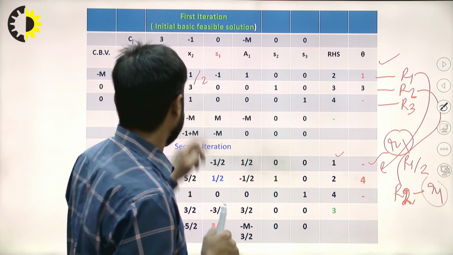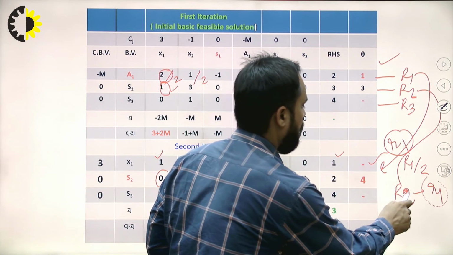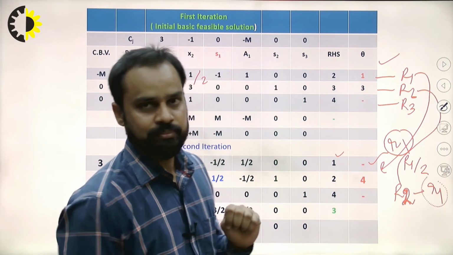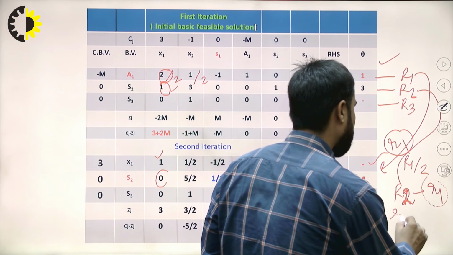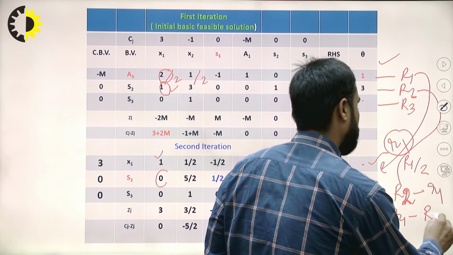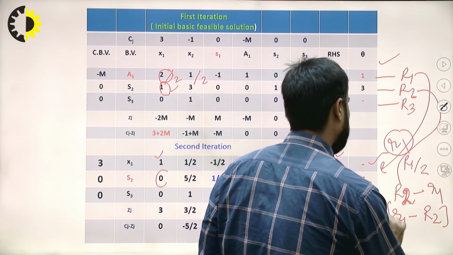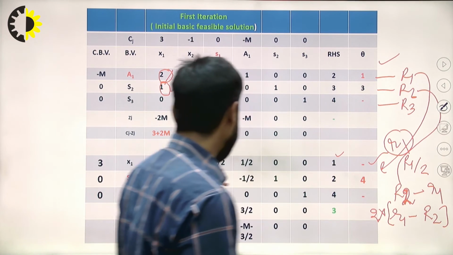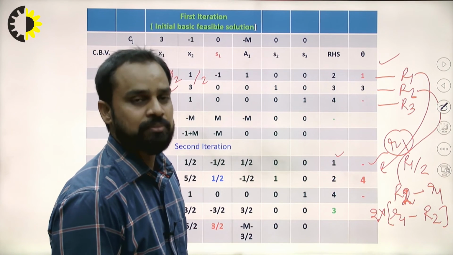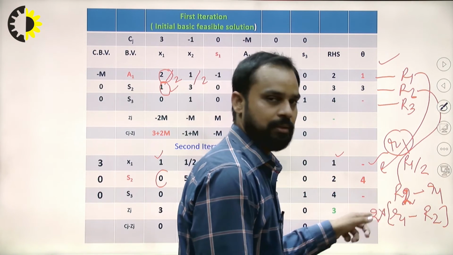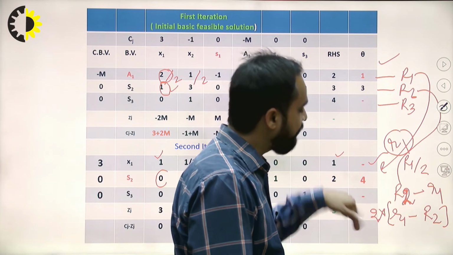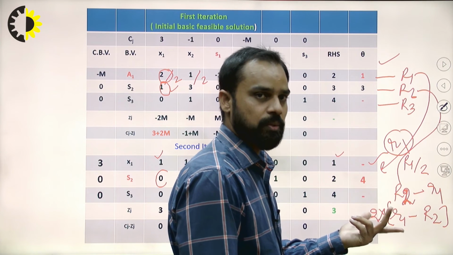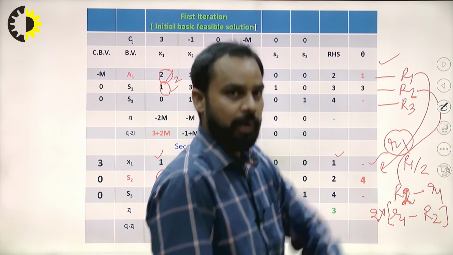Just like here, I have applied R2 minus small r1. If I applied R1 minus R2, I would have to multiply by 2 as well, because I have already divided by 2. So to avoid this complexity, always apply operations from the pivot element row, not on the pivot element row.